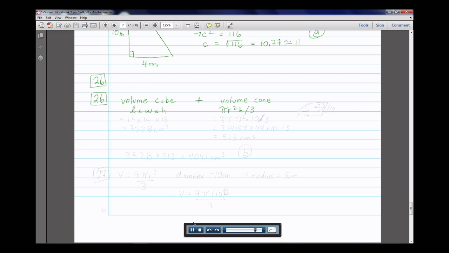So for the prism, you take a look. That's going to be 14 times 14. That's the base of it, it's square, but the height is 18. And if you put that in your calculator, you get 3528, and it's going to be cubic centimeters. For the cone, you multiply this out, you get pi.